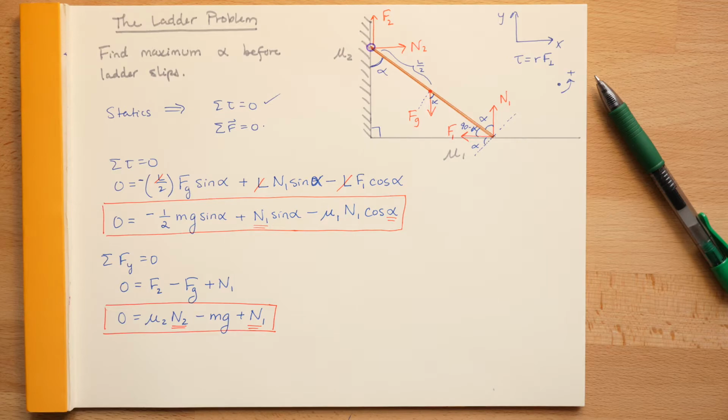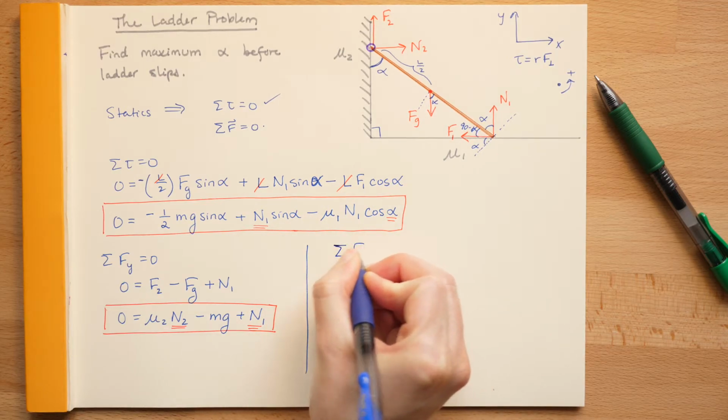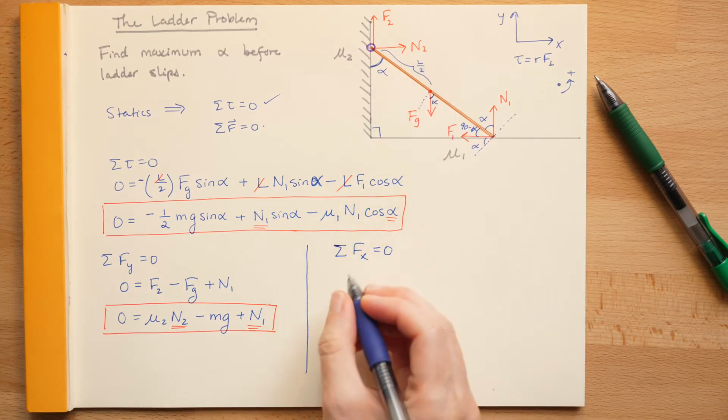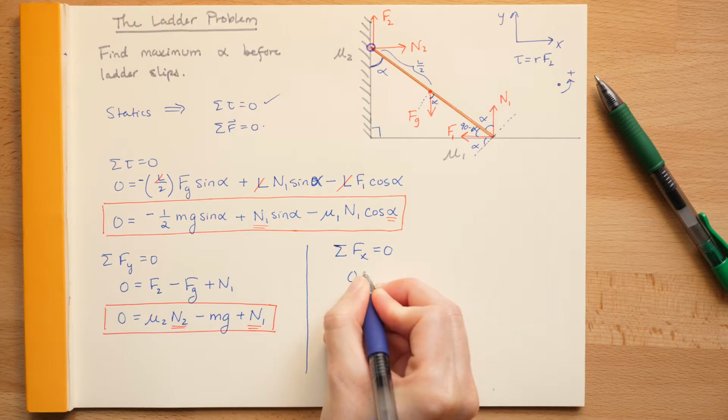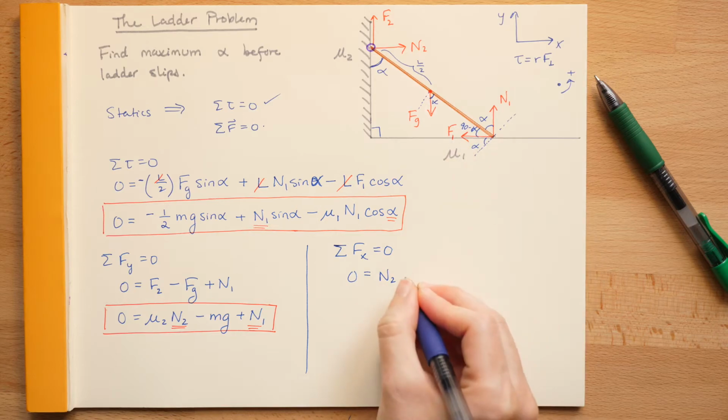So let's sum the forces in x. In the x direction, we have N2 and F1.